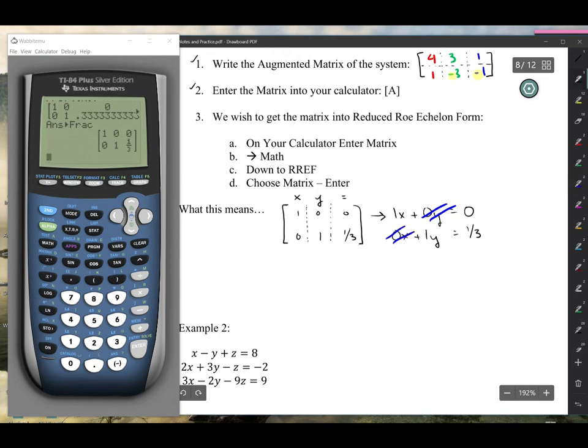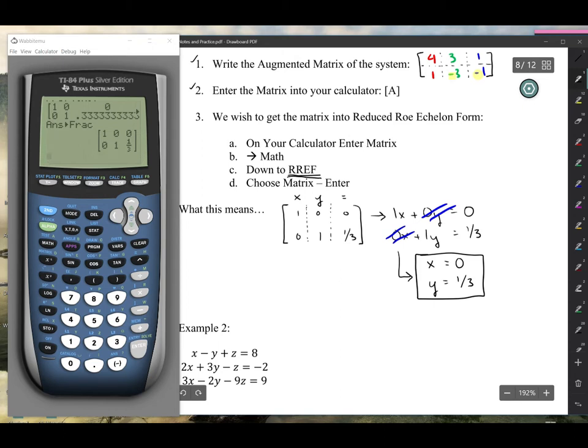So that just solved that system for you very quickly: x equals 0 and y equals 1/3. Don't believe me? Use substitution, elimination, and there is your answer, folks. It is as simple as typing the matrix into your calculator and using reduced row echelon form.